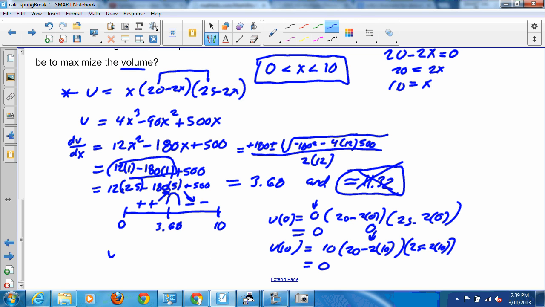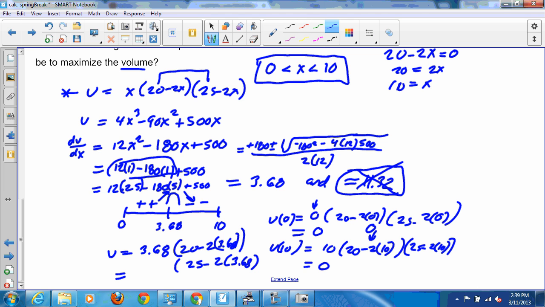So in order for us to find the volume, we're going to have to plug in 3.68 times 20 minus 2 times 3.68. Run out of room here. Times 25 minus 2 times 3.68.